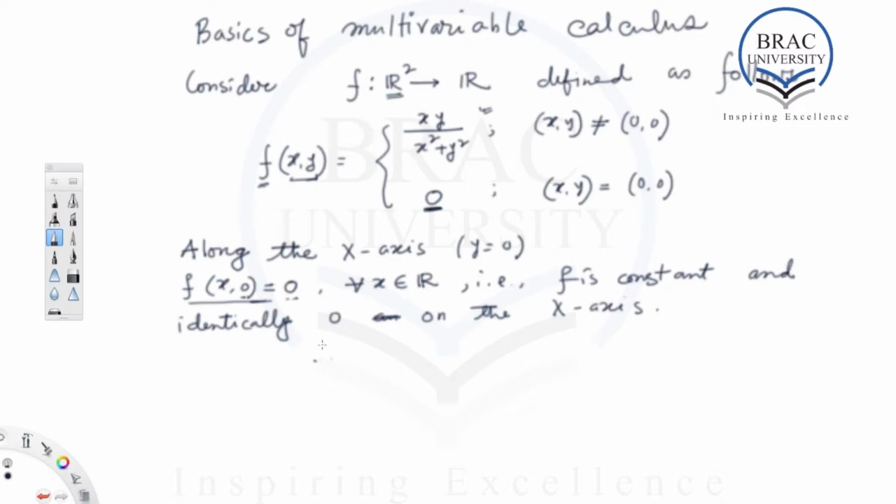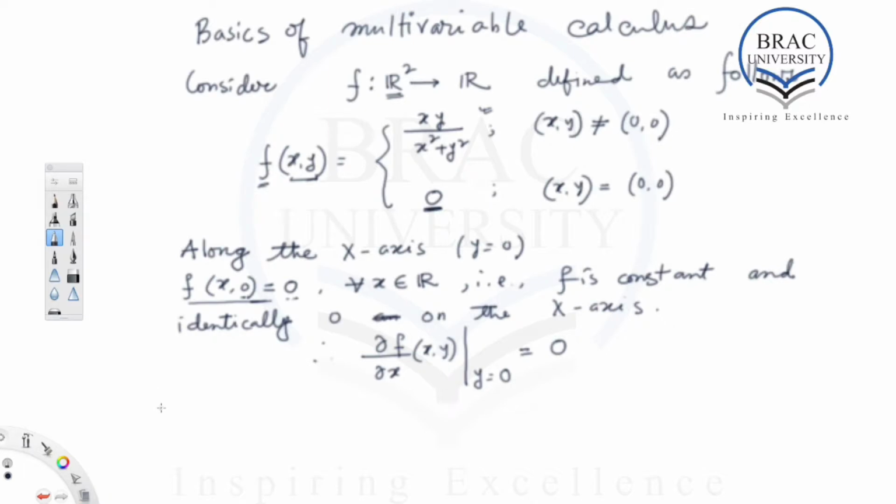So we see that the derivative of the function at the points on the x-axis, where y equals 0, is identically 0. This is the behavior of the function along the x-axis.